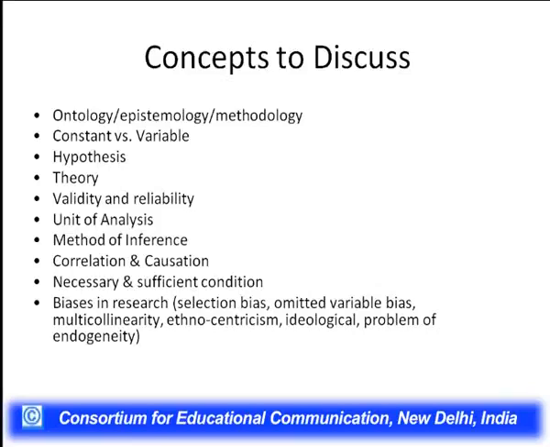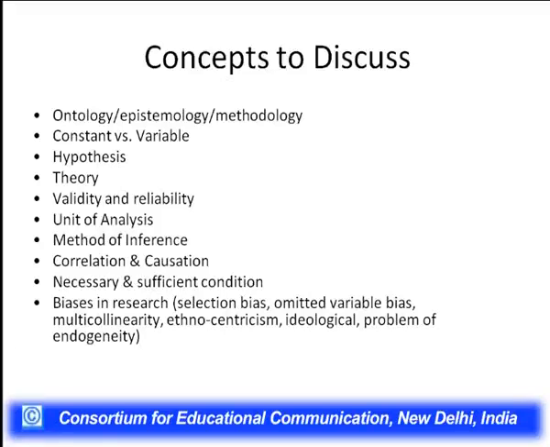Depending on the time today, we'll talk about selection bias, omitted variable bias, multicollinearity, which is used again for the quantitative method, ethnocentricity, and then the ideological issues, that is, how ideology can bias the research, and the problem of endogeneity. So these are the basic concepts that I'm going to discuss today.